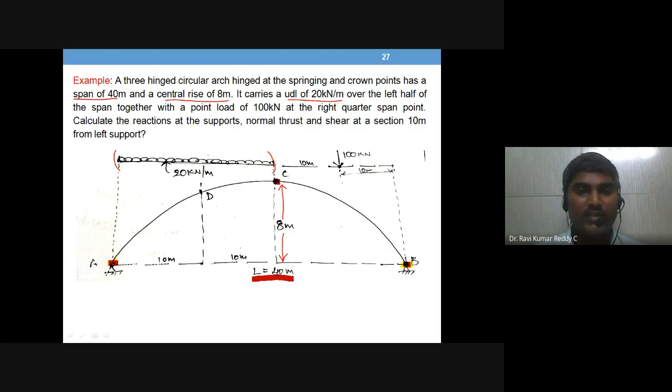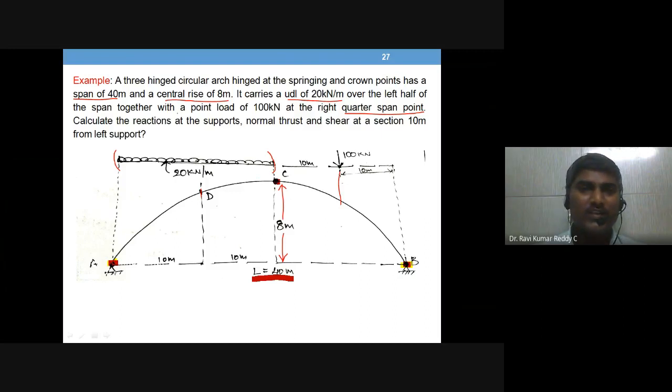From this side 10 meters it is the 1/4 point, and from the right hand side also 10 meters. So this is one more quarter span point. There are two quarter span points here, one is this one, another is this one.